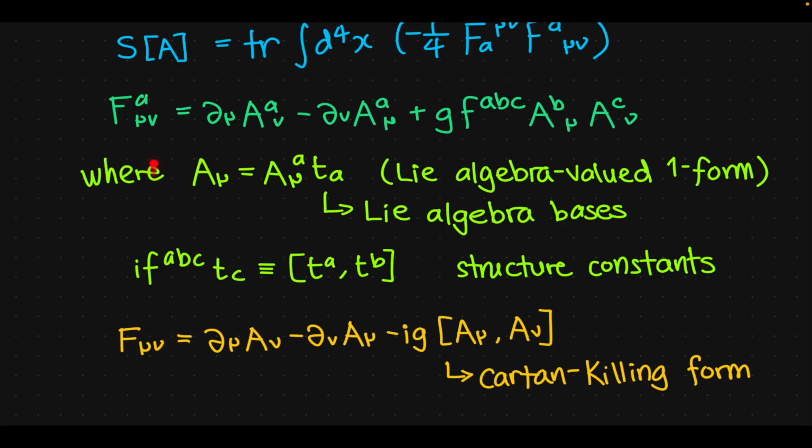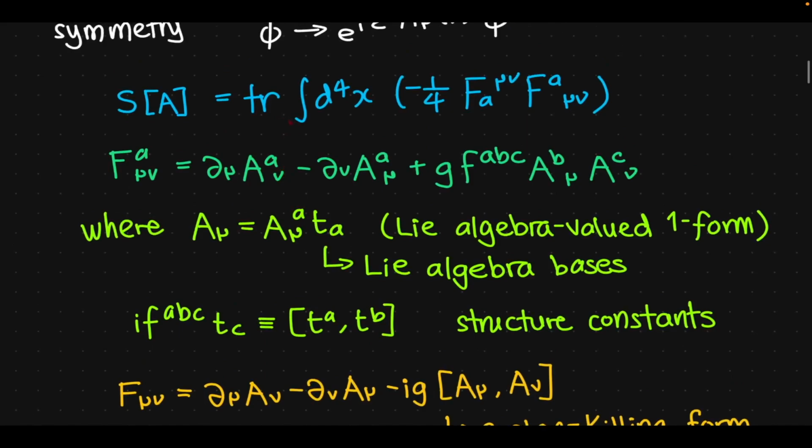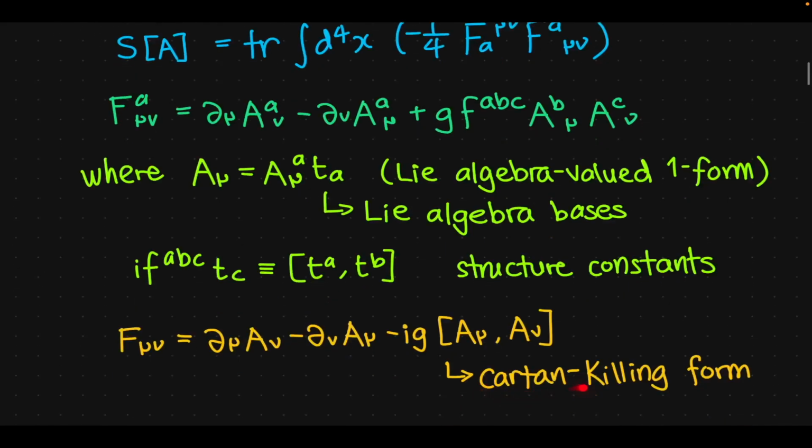Now we can always multiply by T_a on both sides of the equation. We get F_mu nu equals partial mu A_nu minus partial nu A_mu minus ig times the commutator of A_mu, A_nu, where this commutator term can be seen, along with the trace once the trace acts on it, to be arising from the Cartan Killing form.